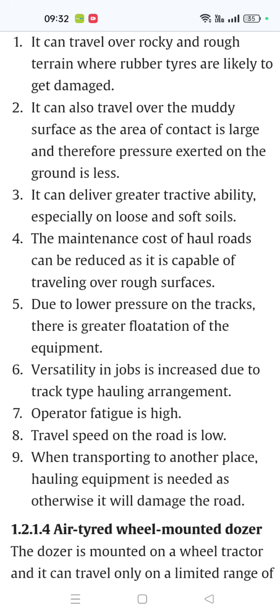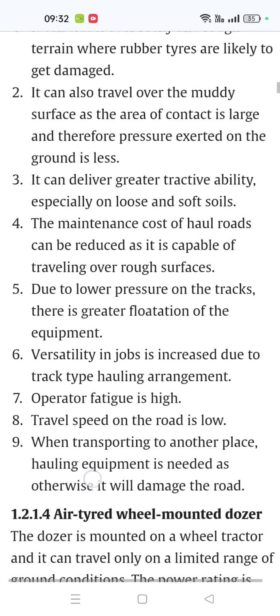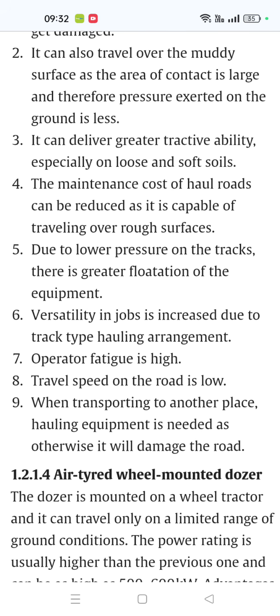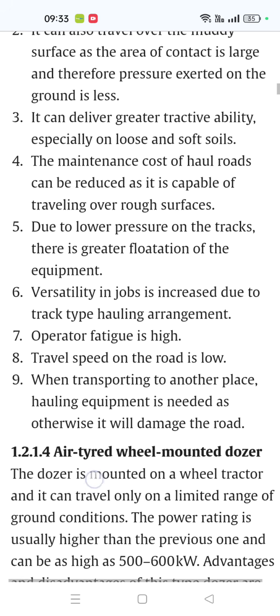It can also travel over the muddy surface as the area of contact is large and therefore pressure exerted on the ground is less. 3. It can deliver greater tractive ability, especially on loose and soft soil.